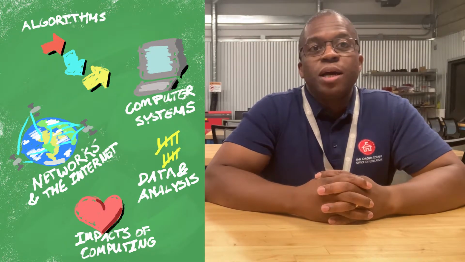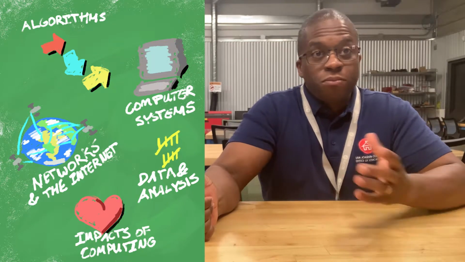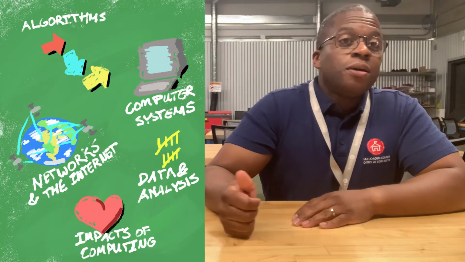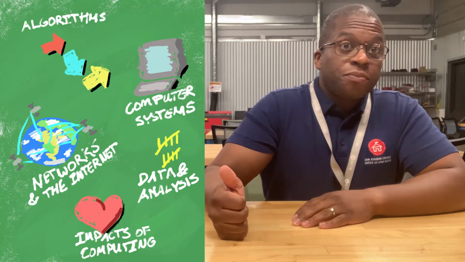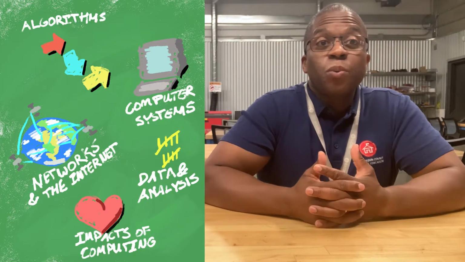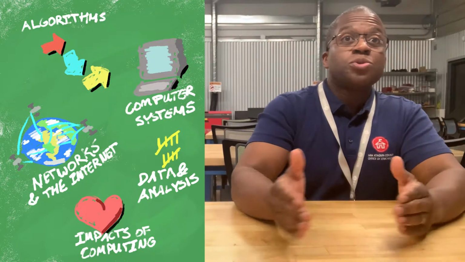See, there are 5 categories to the California Computer Science Standards. Computer systems, the machines that we use to compute. Algorithms and programming, writing the code we think of in computer science. Networks and the internet, the way that we have computers talk to one another.